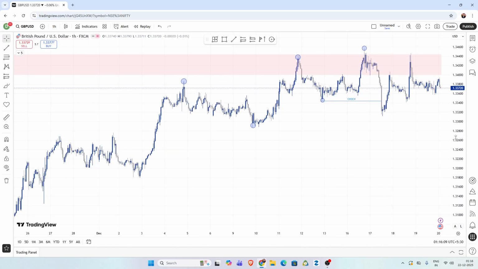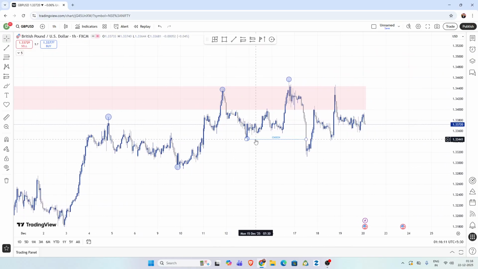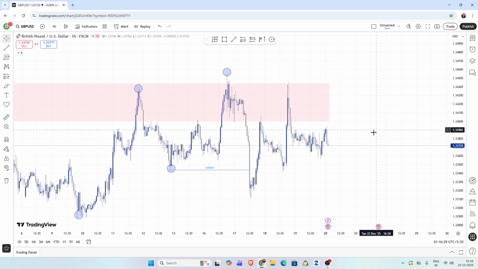When we come to the 1 hour time frame, we can see a clear structure going towards the upside, higher high, higher low, higher high, higher low, and then a break of structure towards the upside and then downside. So it would have been clearly a structure shift, and after the break of structure, there was no point for inducement.